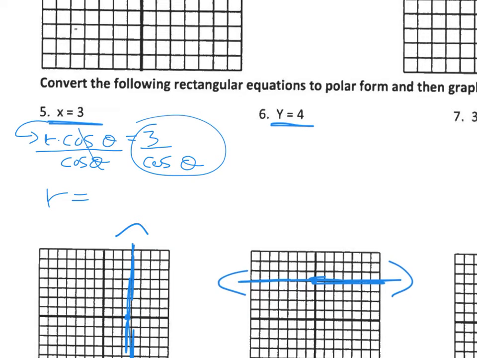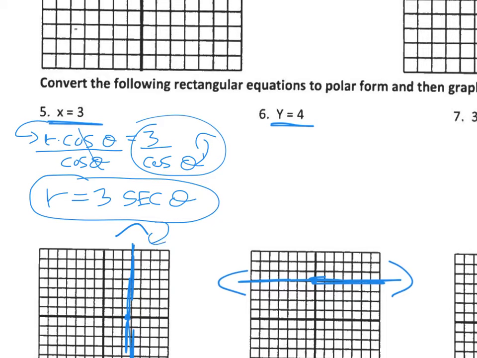When we move cosine up, it's going to give us its reciprocal, which is secant. So it's r equals 3 secant of theta. Number 3 right above us was r equals 4 secant of theta, and we got a vertical line at x equals 4. Well, this is r equals 3 secant of theta, so we get a vertical line at x equals 3.